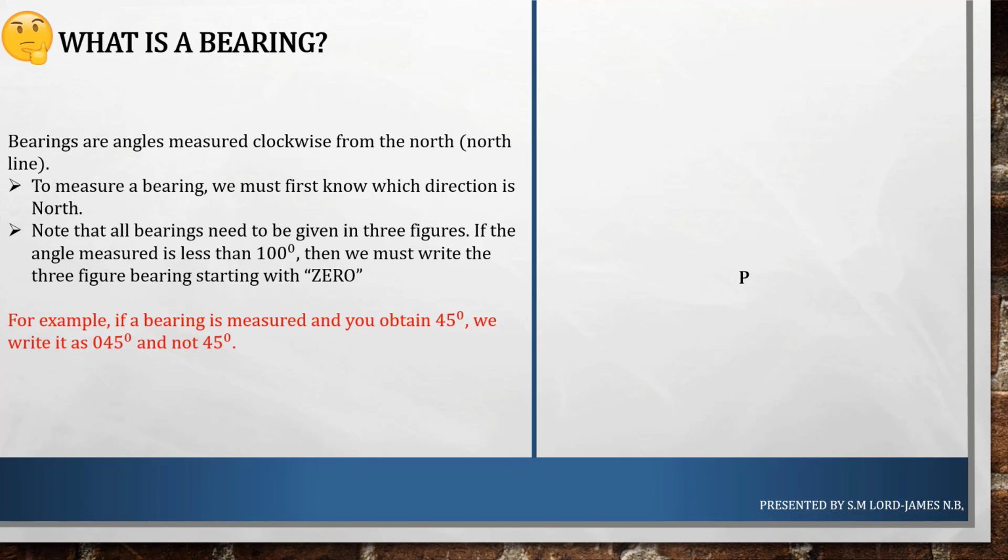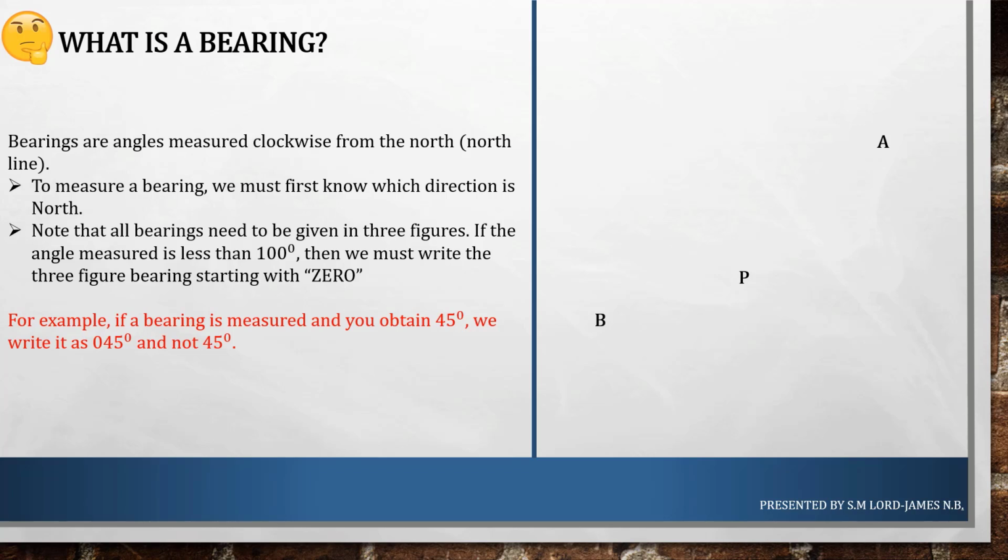It means that's where we are going to measure our bearings from. Now we would like to measure the bearing of A from P, and we also like to measure the bearing of B from P. So we want to get the bearings of A and B from the point P.